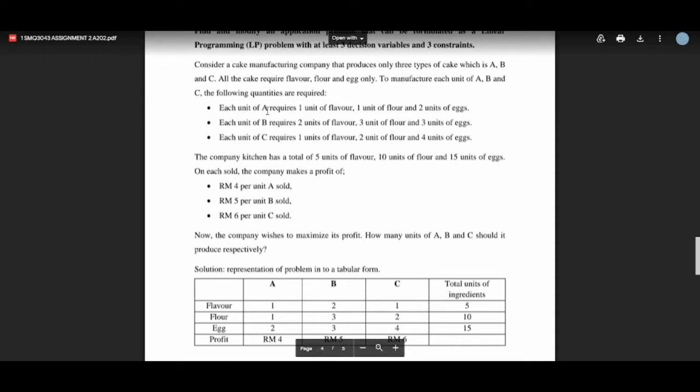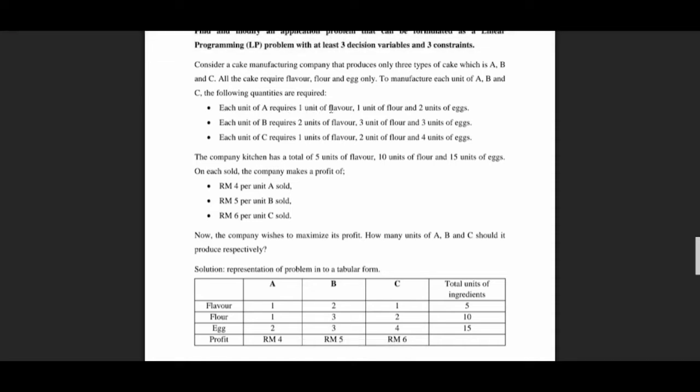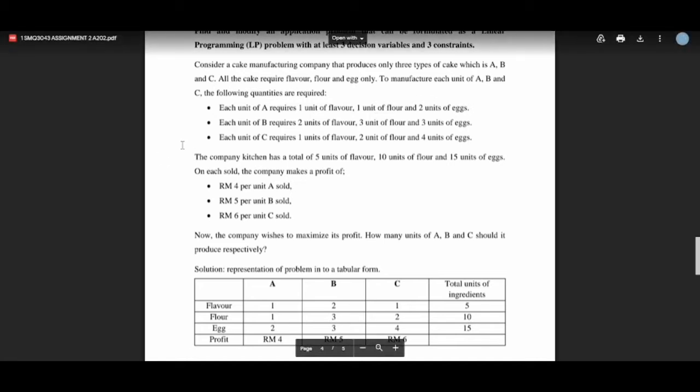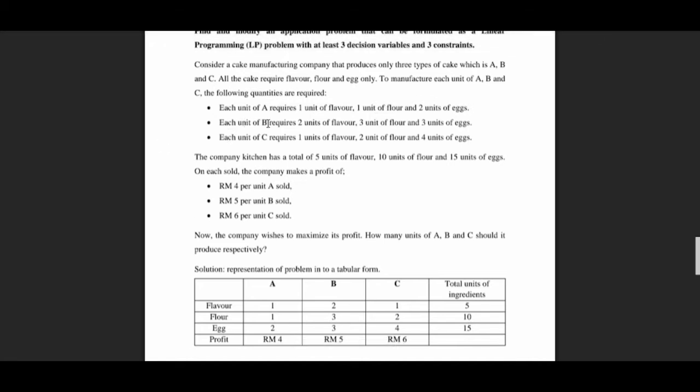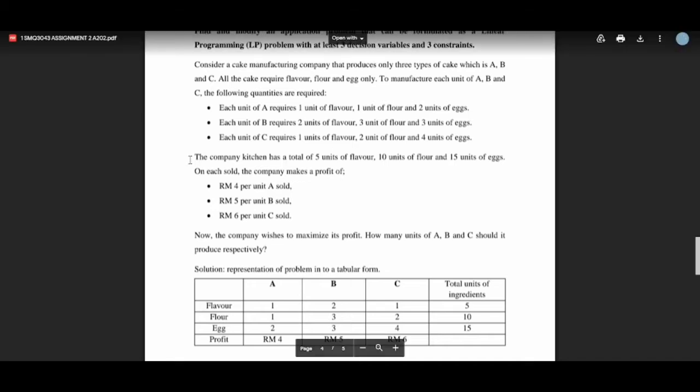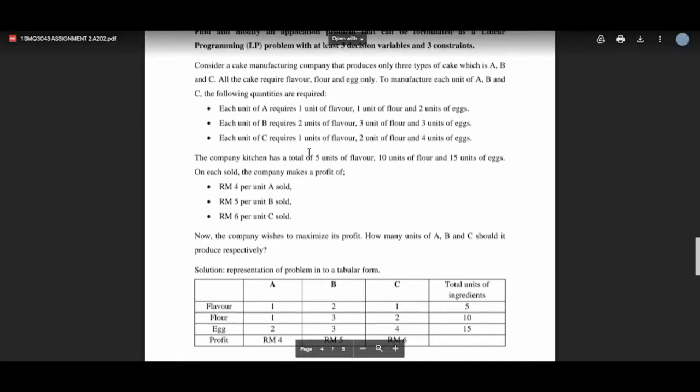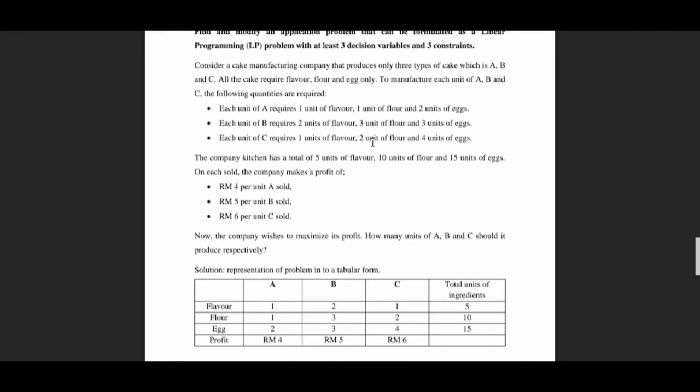Each unit of A requires 1 unit of flavor, 1 unit of flour, and 2 units of egg. Each unit of B requires 2 units of flavor, 3 units of flour, and 3 units of egg. And each unit of C requires 1 unit of flavor, 2 units of flour, and 4 units of egg.